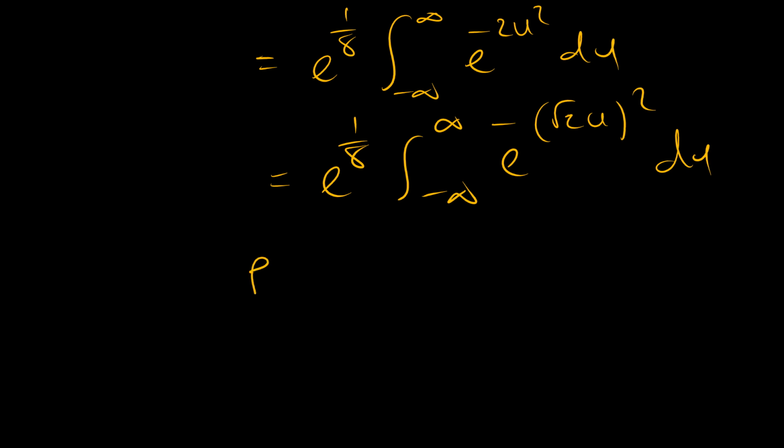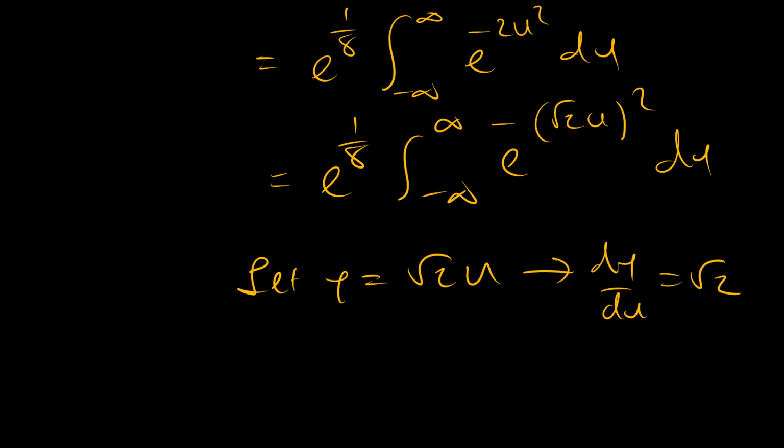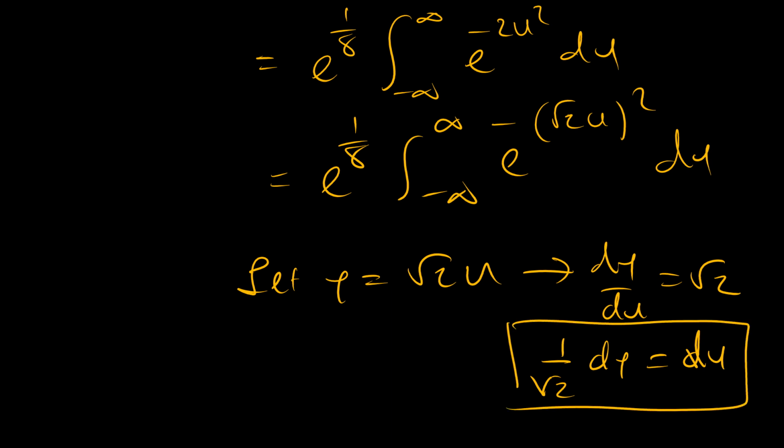We can say, okay, let y be equal to root 2 u, which means dy du is equal to root 2, and so we can say 1 over root 2 dy can be used to substitute for du. And then the limits still remain. Just a factor of root 2 won't change the limits.